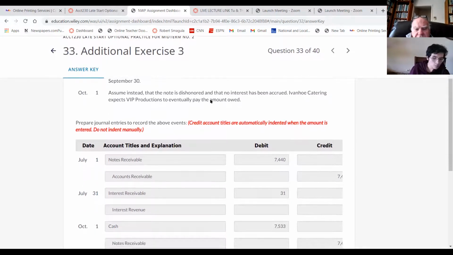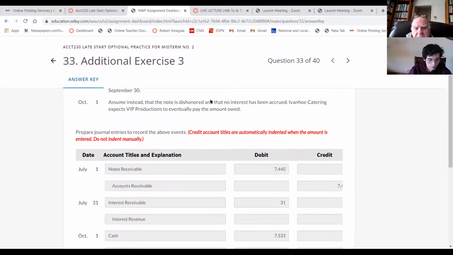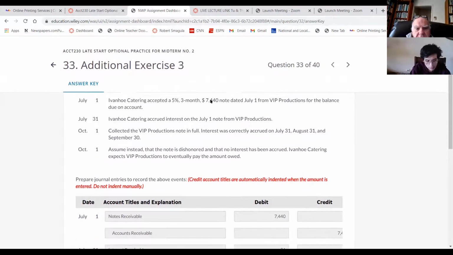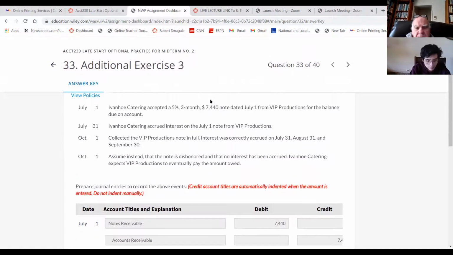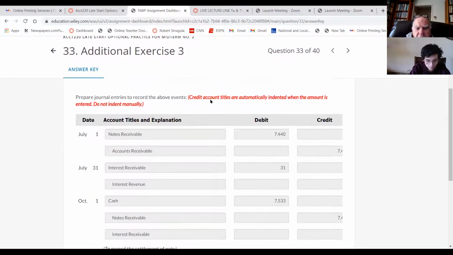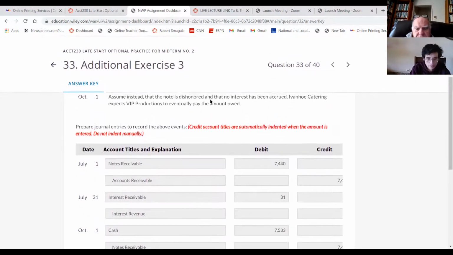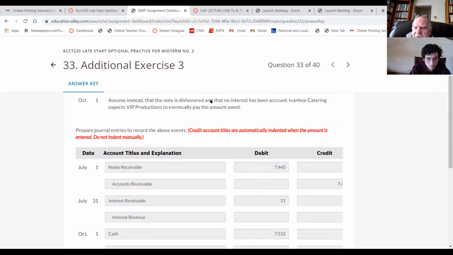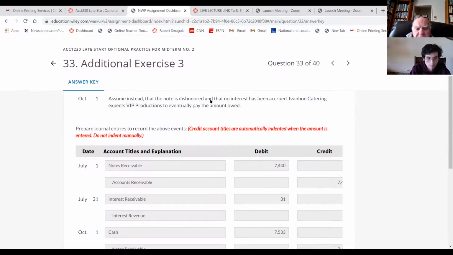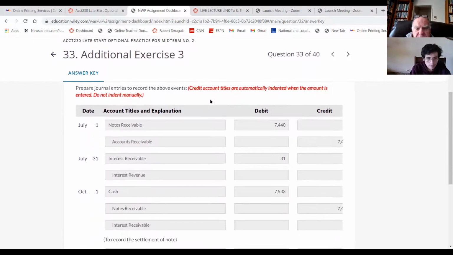Could you do that calculation for me, please? 7,440 times 0.05 divided by 12 should give you 31. Okay. Understand how that works. That 5% number represents a whole year.